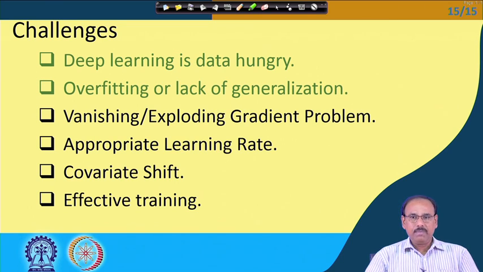And as it tries to memorize, it may not really learn the representation of the data. As a result, the training error may be quite low, but when you actually apply your trained model to real applications, the error may be quite high, and that is what is known as generalization error.